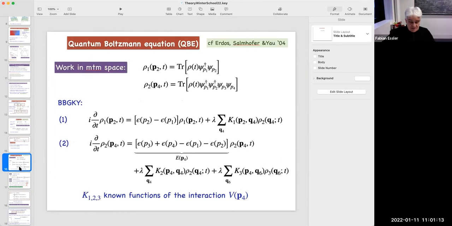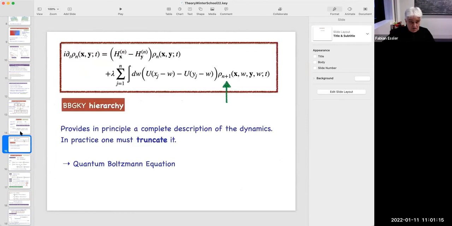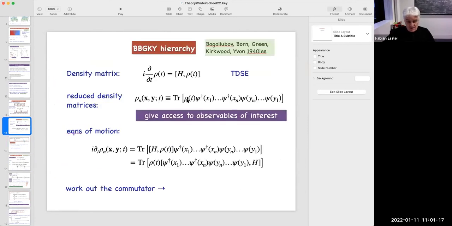This means that if you calculate these reduced density matrices here, they will decay exponentially in the various distances here, x1 minus y1, x1 minus y2, and so on, if the separation between these coordinates becomes large.